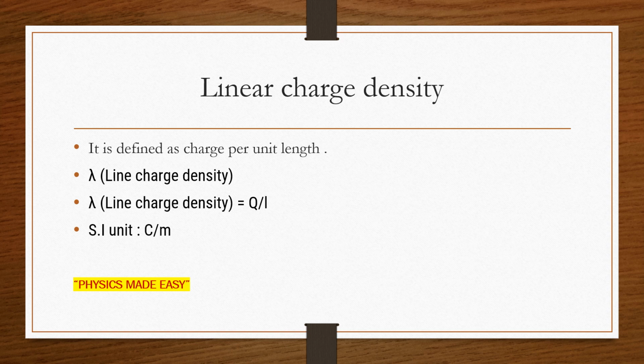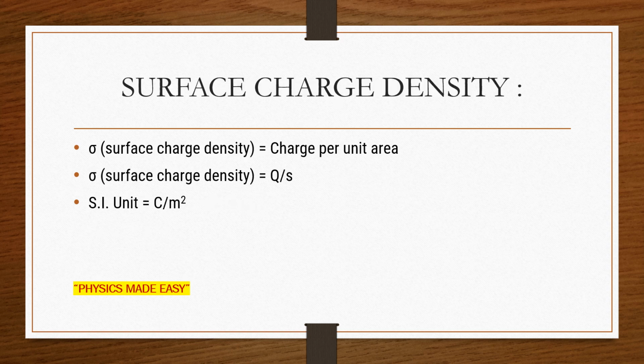Linear charge density is denoted by the symbol lambda. It is defined as charge per unit length. If a charge Q is uniformly distributed along a line of length L, then lambda is defined as Q divided by L. The SI unit of lambda is coulomb per meter.